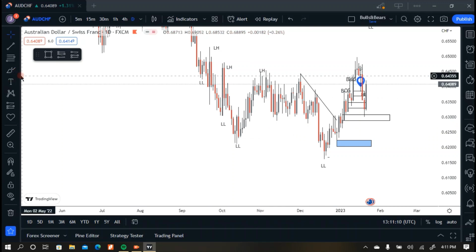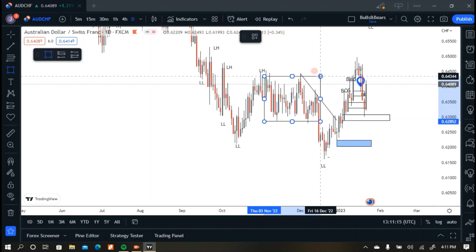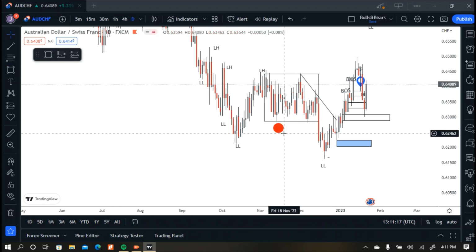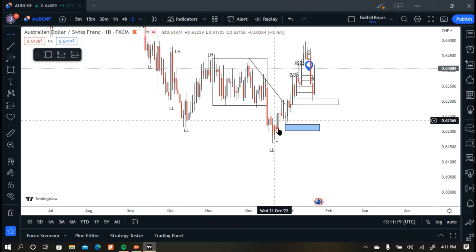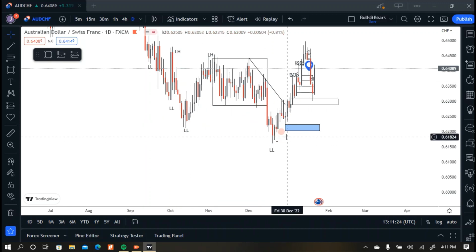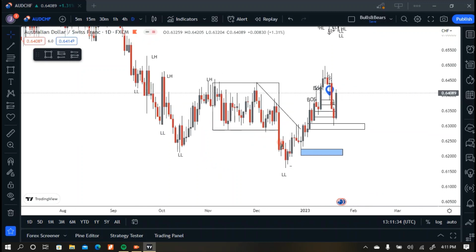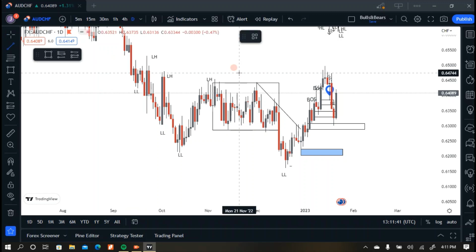But in this zone over here, the market started creating a zone of consolidation, where it broke structure to the downside, broke this previous low, and created a new lower low. All of these are breaks of structure. But when price reaches here, it moves impulsively to the upside and breaks this structure. So this will be a break of structure as well as a change of character right over here.